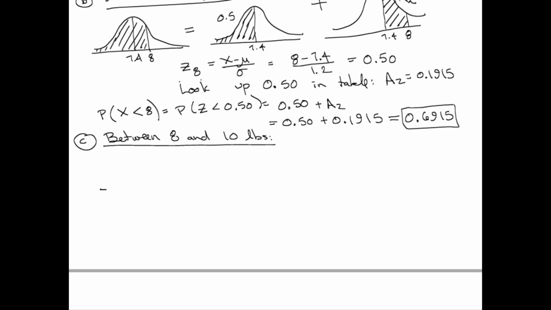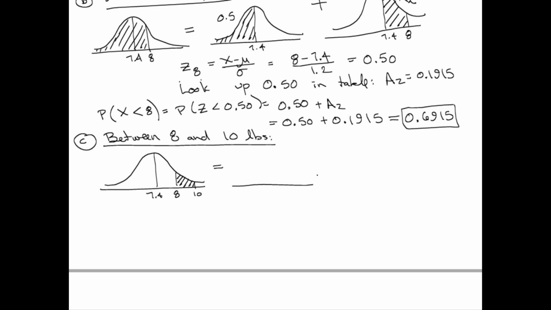So here, this time the 8 and the 10 are both on one side of our mean. And this is the area that we want. We haven't done one that combines the areas in this particular way before, so we need to figure out how to use the areas that are listed on our table to get this.